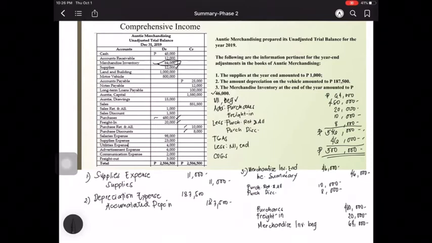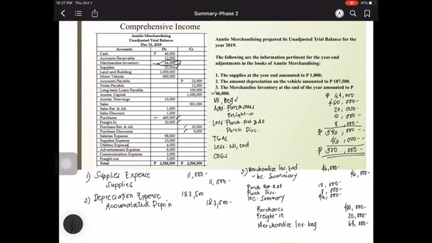Are we done already? Not yet. After closing your merchandise inventory beginning, we also have to close your income summary account. So we debit the income summary for 46,000 pesos. Are we done already?